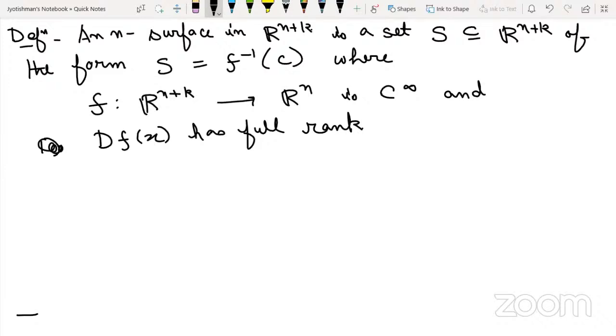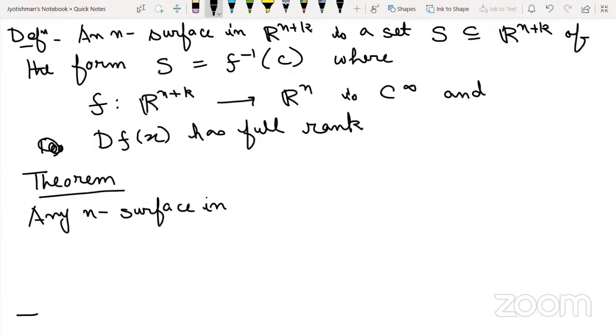What follows is that, and then I have a theorem which says that any n surface... Let's just check whether I did it wrong.